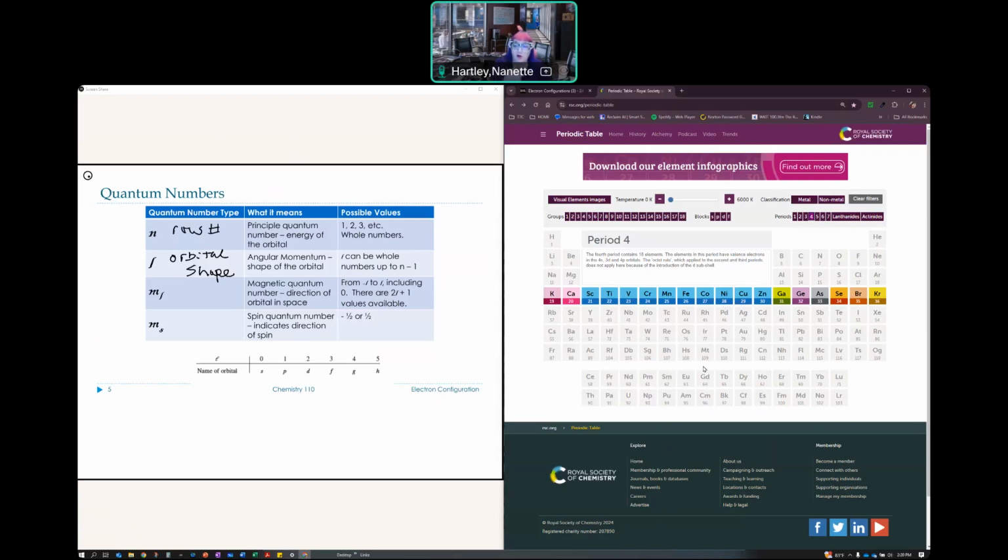So that will determine where we can put our electrons, is where these things exist. So in row 2, if my row number is 2, my L values can only be 0 and 1. So I have an S type, which is a value of 0, and a P type, which is a value of 1.